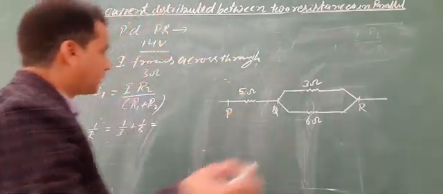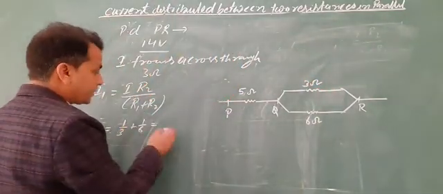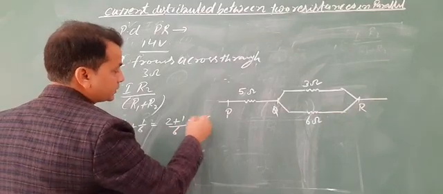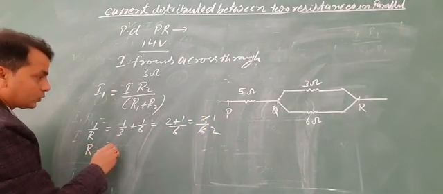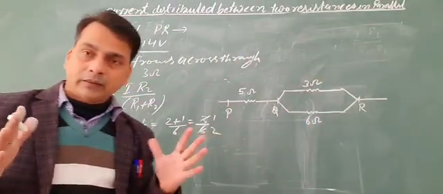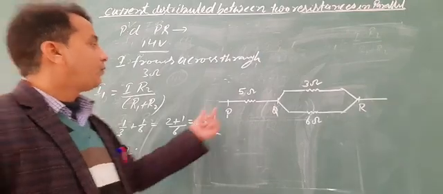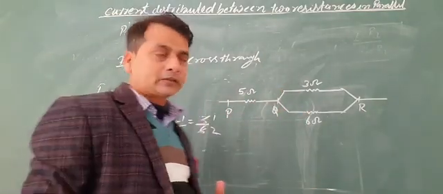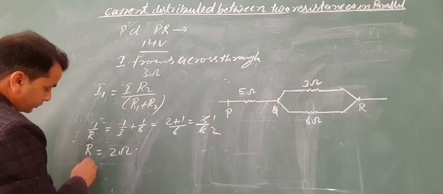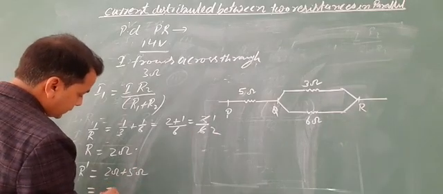That is 2 plus 1 by 6, so 3 by 6, R equals 2. The equivalent resistance of 3 and 6 is 2 ohm. 5 and 2 are connected in series, so the total equivalent resistance R dash equals 2 plus 5, that is 7 ohm.